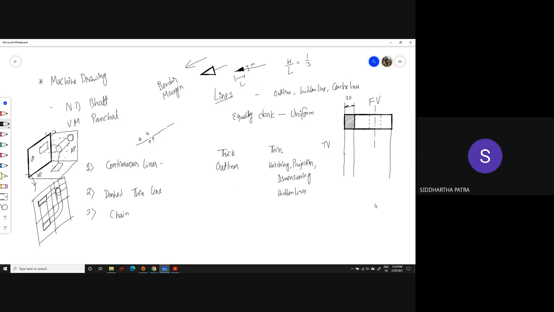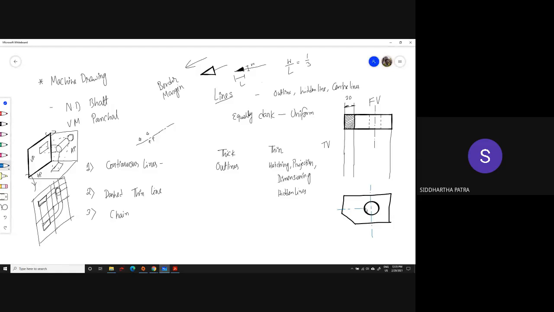Now when you are showing it from the top view, as we had discussed earlier, the top view would look something like this, with a circular hole. Now in that, if I am showing the center lines, this is how it is supposed to look.